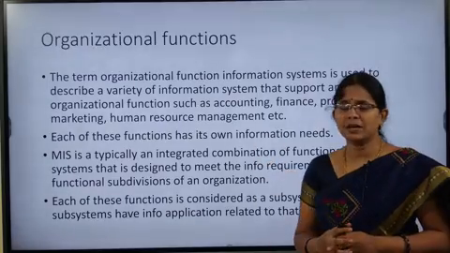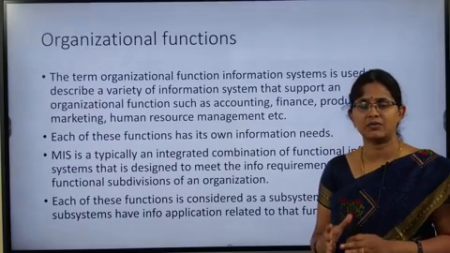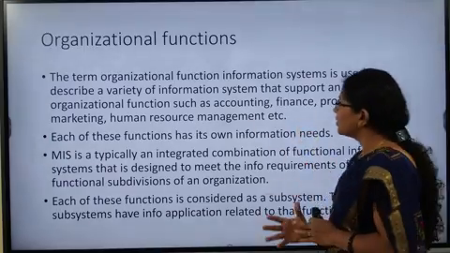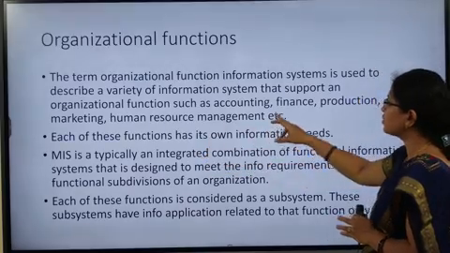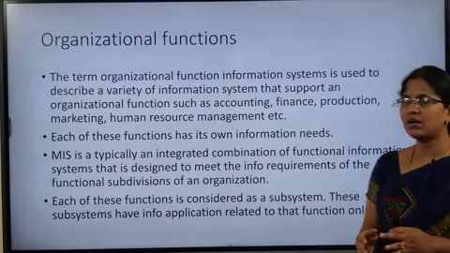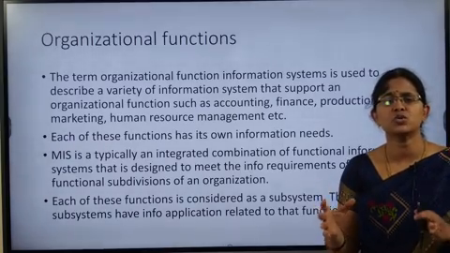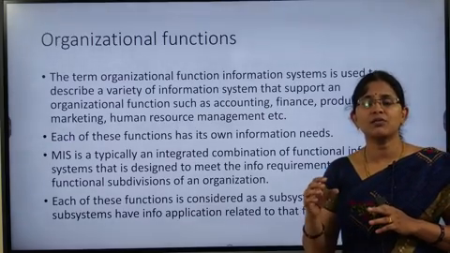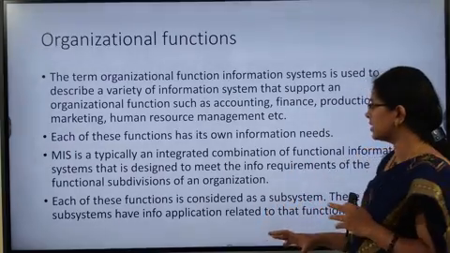While coming to the MIS, we have some organizational functions which are necessary and required to make the information system effective. Those are generally accounting, finance, production, marketing, human resource management and so on. Because the information system uses a wide variety of functions to make the organization effective. So you have to choose the information system which supports all functions that are there in the organization.